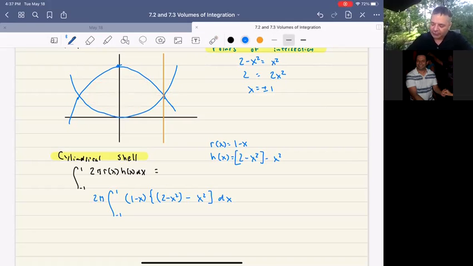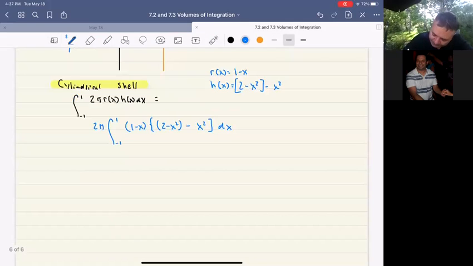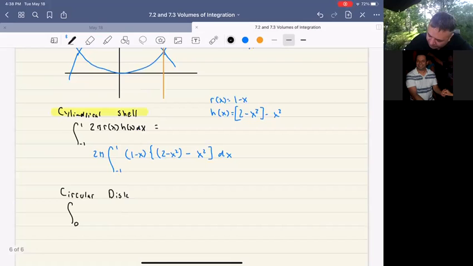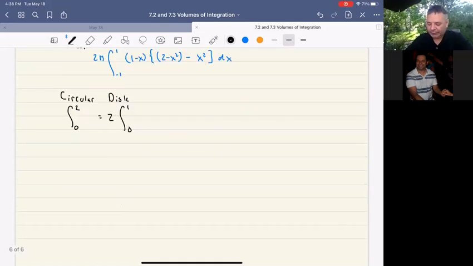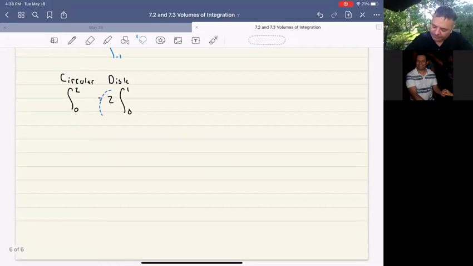So for circular disk, I can do the integral from 0 to 2, or I can do 2 times the integral from 0 to 1. You may ask, well, why would I care? Well, let's see what happens.